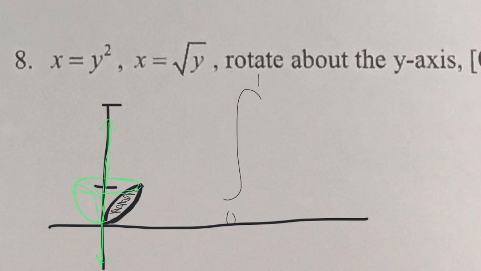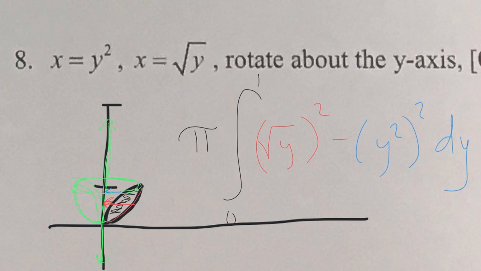Okay, integral from 0 to 1. Pi. The farther radius, right, which one of these is the farther equation from your line x equals 0? It looks to me like it's this one, which is root y, squared, minus the closer radius, which looks like it's y squared, dy.